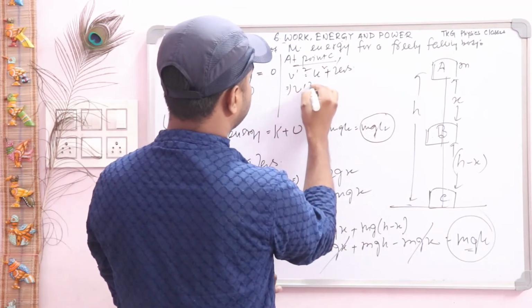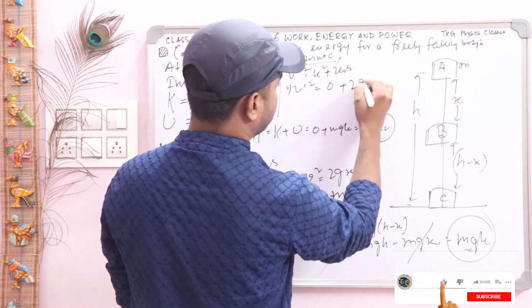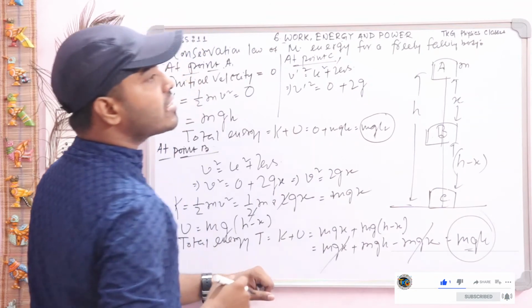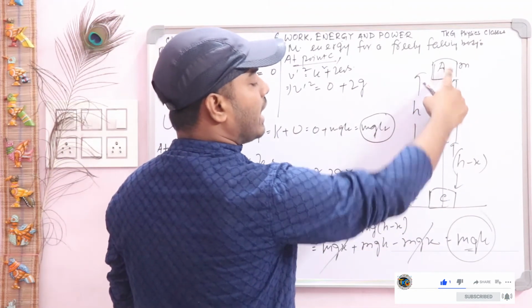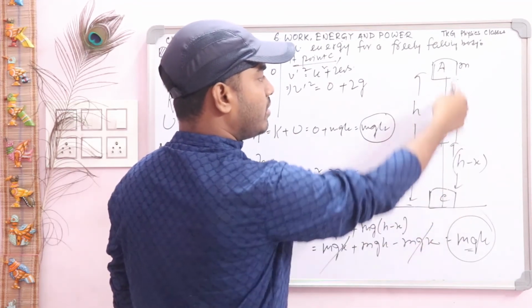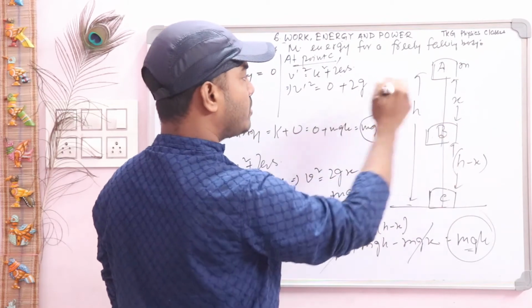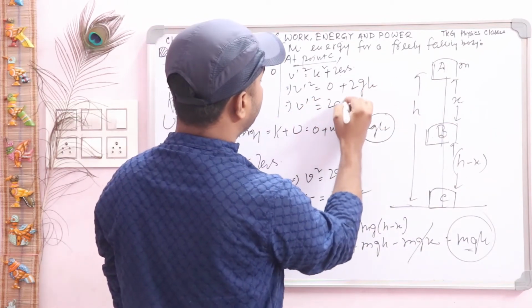Initial velocity is 0, so it is 2a, that means g. And what is the distance traveled here? The body comes from A and the final position is C, so the total distance traveled is h. So v' squared is equal to 2gh.